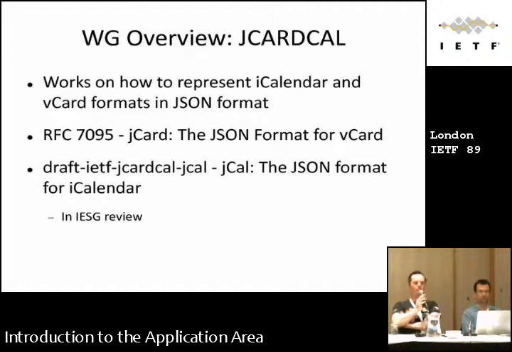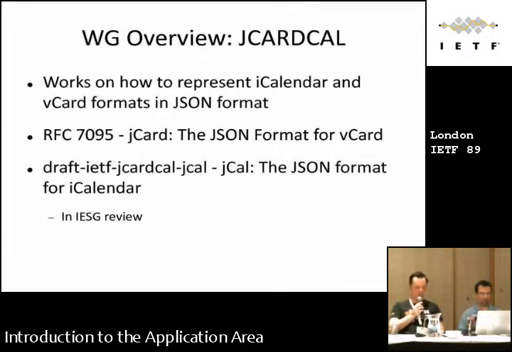These formats are text-based, line-oriented, very email-like, and there were a lot of requests to define an XML version of these formats, and more recently JSON versions of these formats. So this working group defined two documents to provide equivalent mapping of vCard and iCalendar to JSON. One document is already published, the other one is in IESG review, I think sometime in March, so the working group will conclude very shortly.